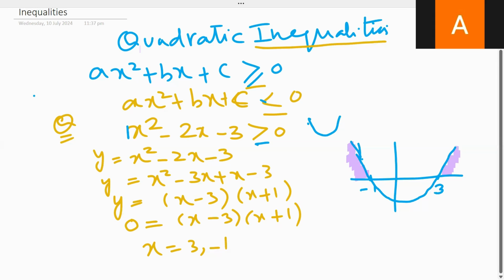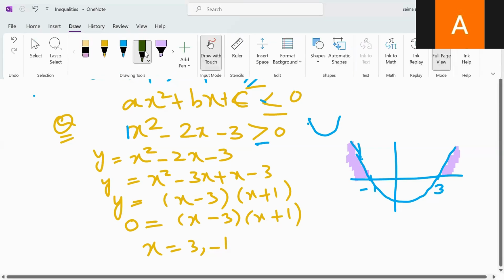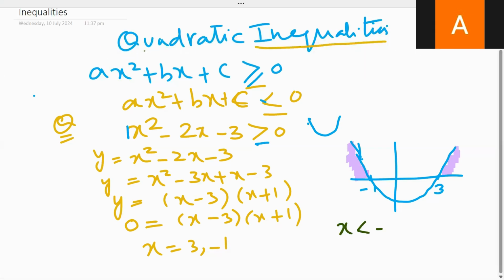So the solution is x is less than -1 and x is greater than 4. So your answer is x is less than -1 and x is greater than 3. So this is how you solve the quadratic inequalities.